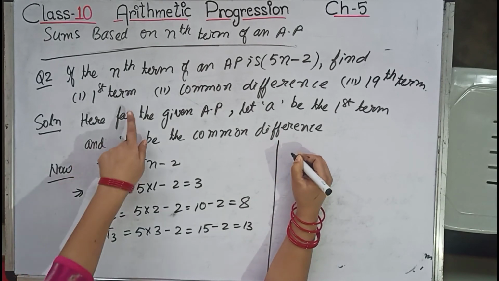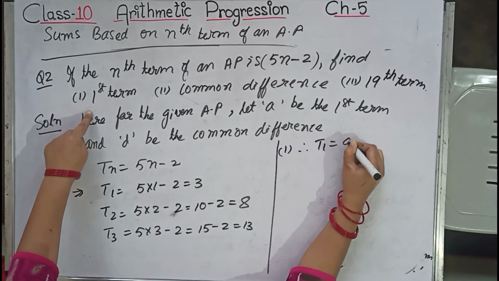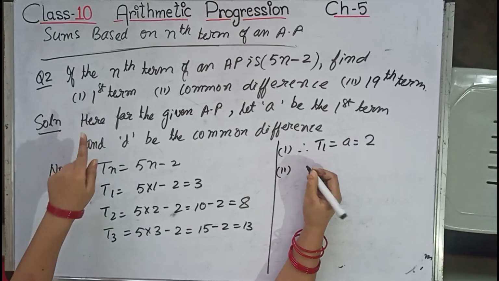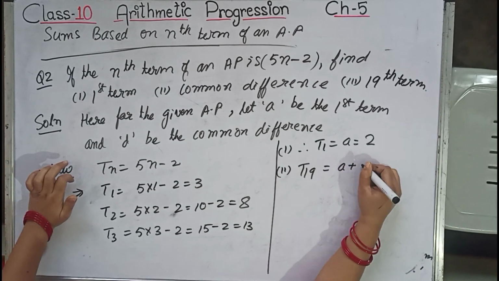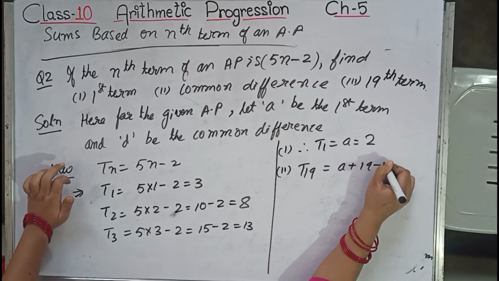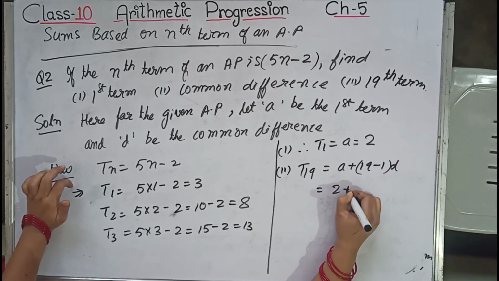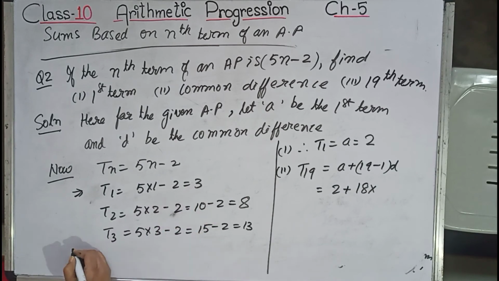So number 1, what is asked? First term. Therefore, T1 equals A equals 3. Number 2, 19th term. T19 equals A plus 19 minus 1 into D, so this will be 3 plus 18 into D. Now D we have to calculate.